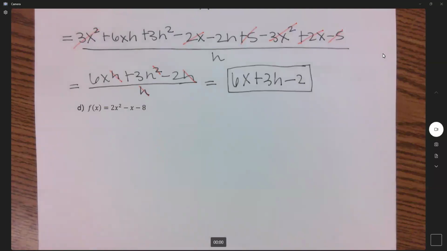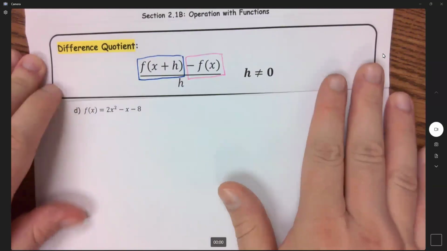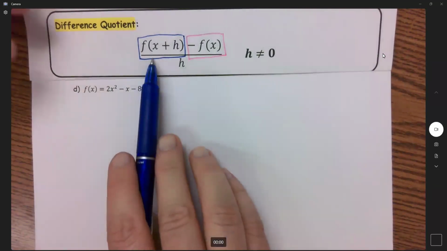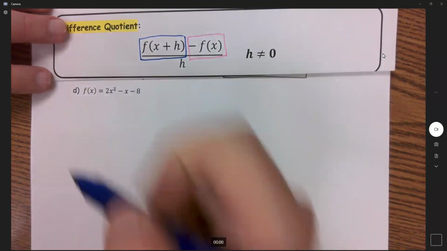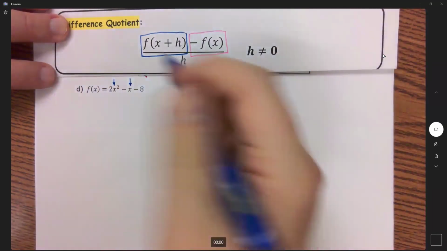So if I am using my formula, let's get over here and fold this paper real quick. Okay. If I'm using my formula, first thing I need to do is evaluate this f of x plus h. So I'm going to replace both of these x's with x plus h.